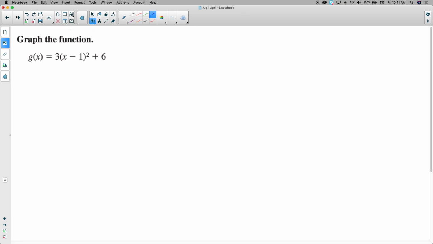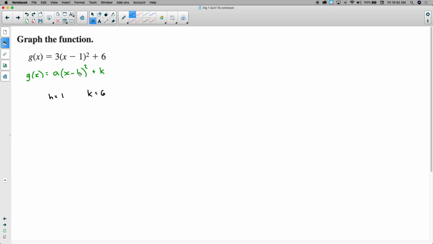Graph the function. I'm just going to write underneath it the new format. Okay, so then I think I can quickly see that h is equal to 1 and k is equal to 6. Notice how that's not negative 1.